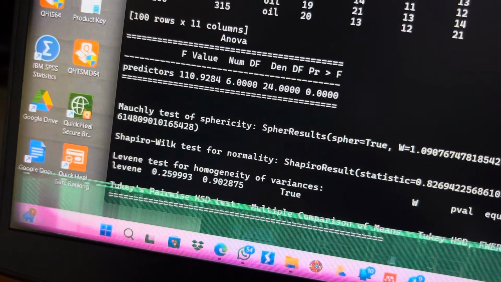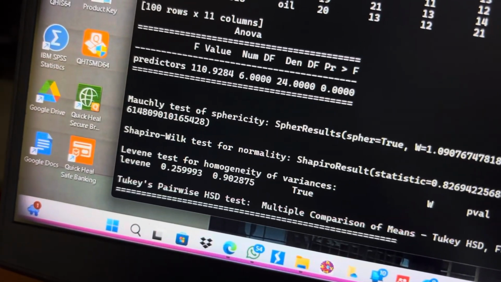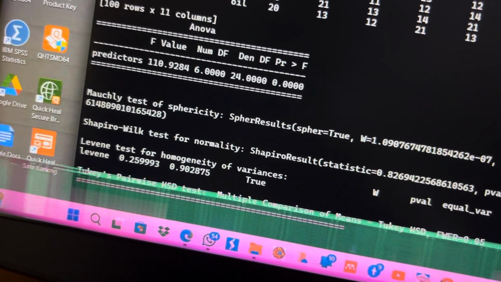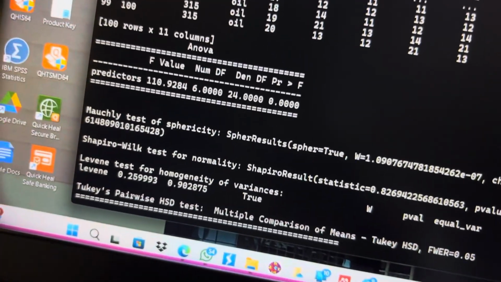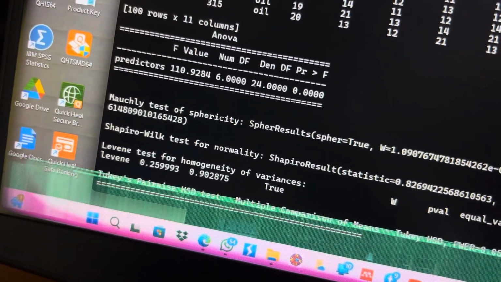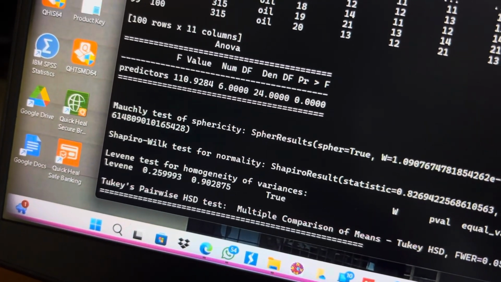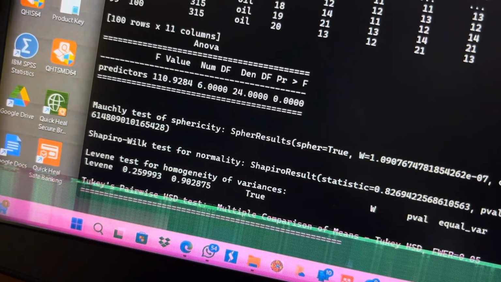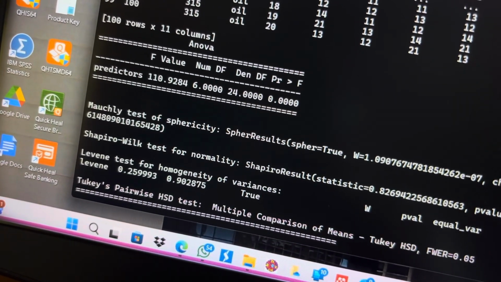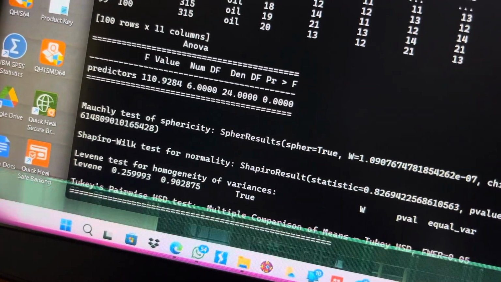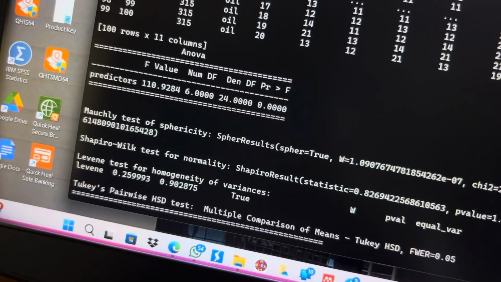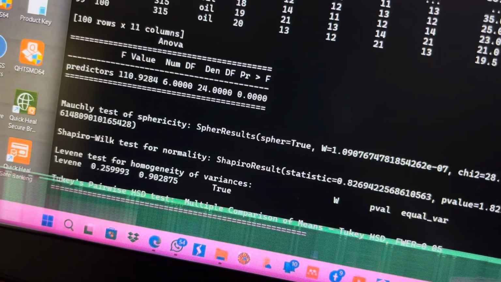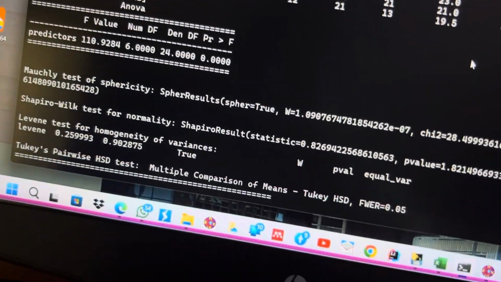Then you have the Levene test, which is for homogeneity of variances. The Levene statistic is 0.25, and then W is 0.90, and so on and so forth.